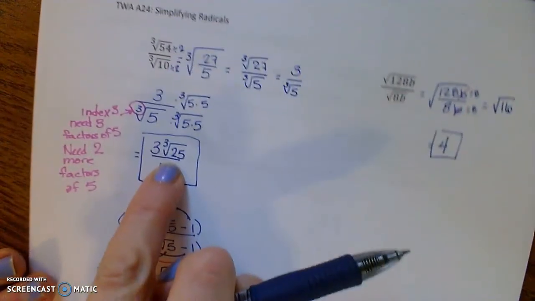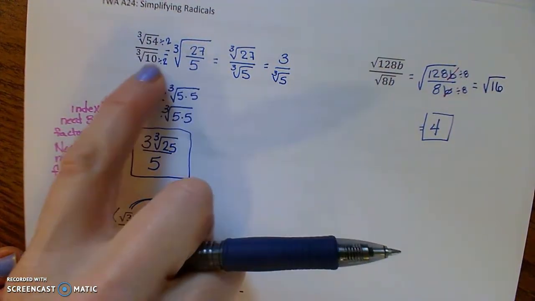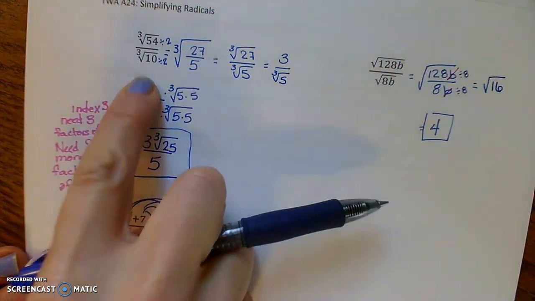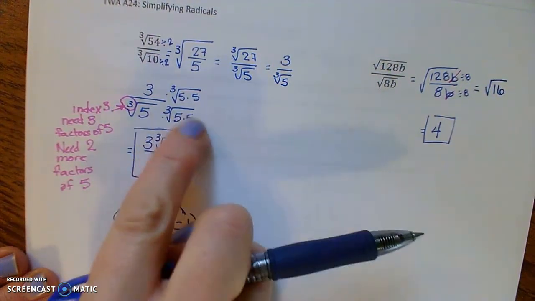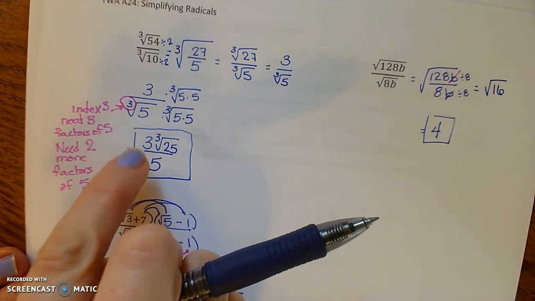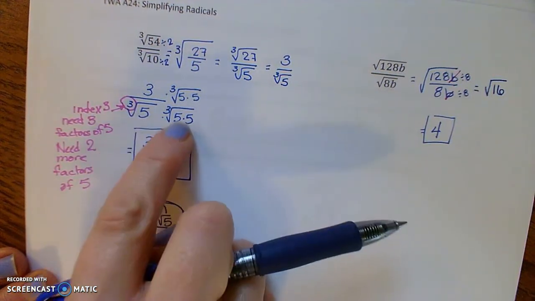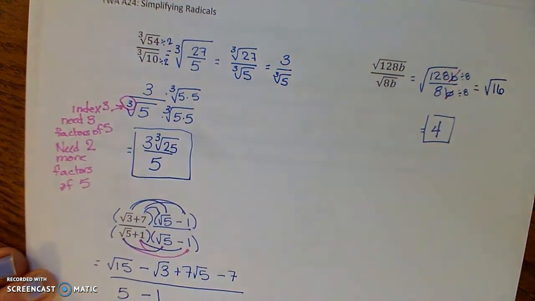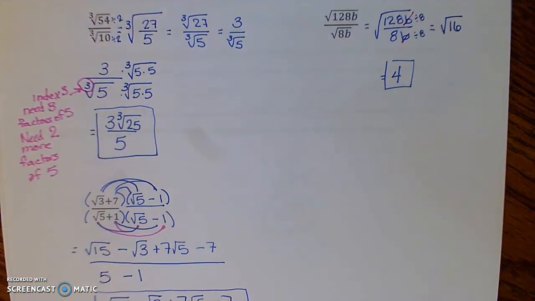However, if you're dealing with a radical that has some index other than 2, you want to make sure that if you're rationalizing denominators there, you need 3 factors of the same kind in order to get rid of the radical symbol. So if this was the cube root of 5 in the denominator, I needed 2 more 5s to kill that radical symbol. Okay? Always try to simplify before you go and rationalize any denominators to try and make your life easier.